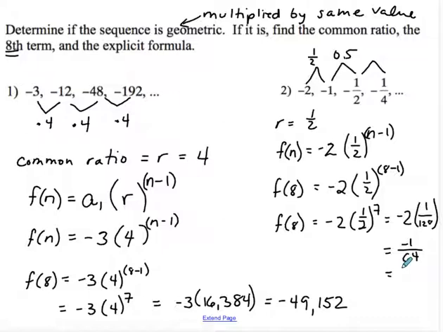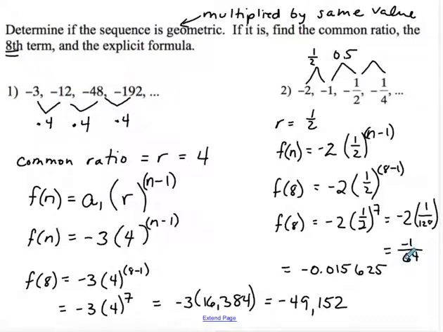And so for those of you that prefer decimals, it would be -0.015625. I kind of prefer the fraction there. It seems a little simpler.